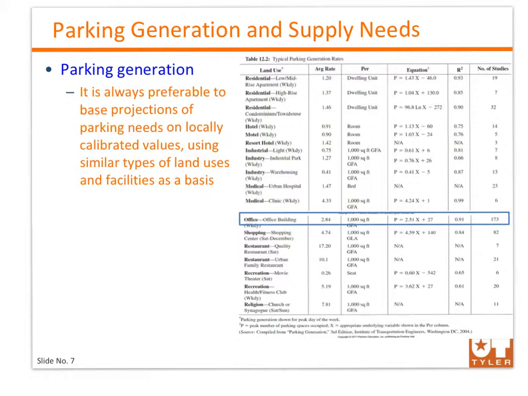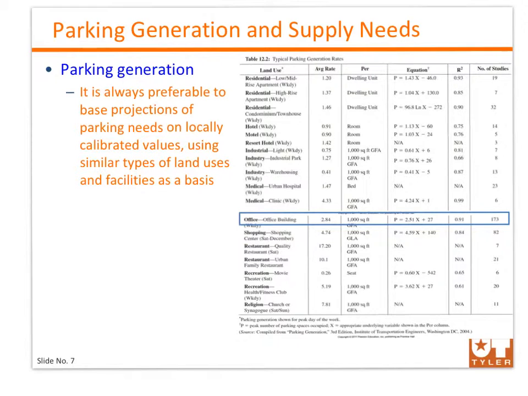So for example, let's pick the office. Here in this table, by the way, it gives you two different estimates of the parking spots needed. The very first one gives you the average rate per 1000 square feet.